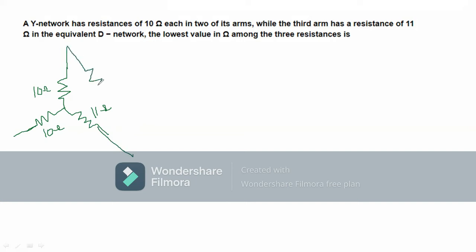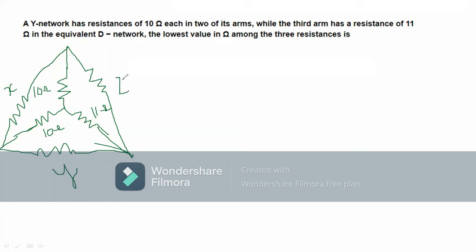Here, I have to frame it like this. Hope you're understanding. Okay. Let me call it X. This will be Y. Sorry, anything you can call, no issues. Let me call it X, Y, Z sequentially. Let me mark it in a sequential manner. So let me calculate the value of X, Y, and Z respectively.